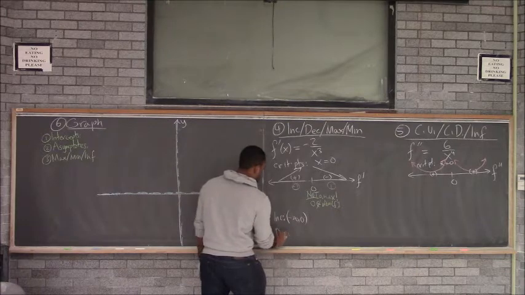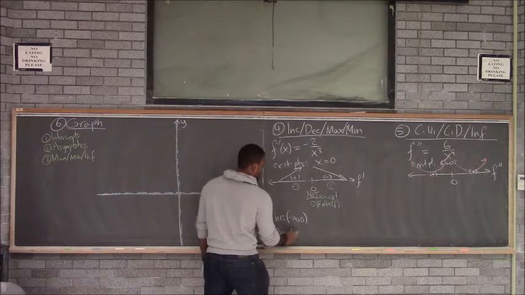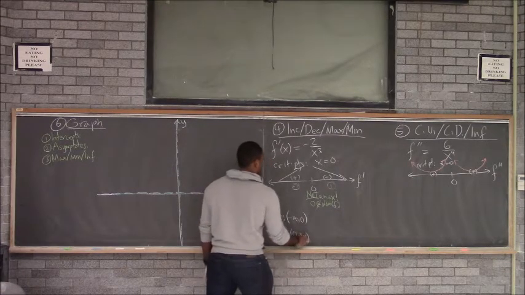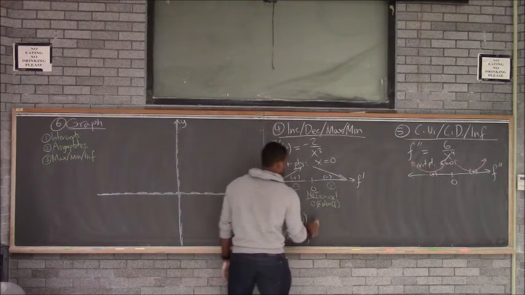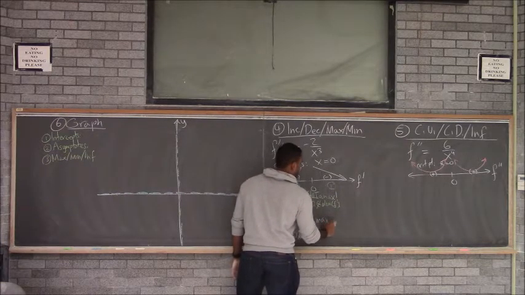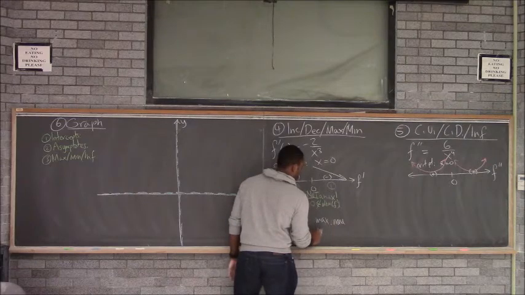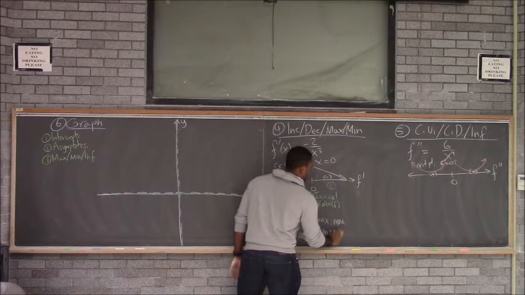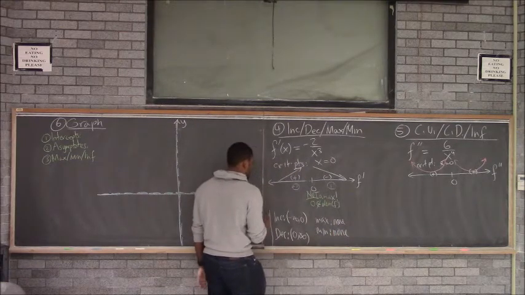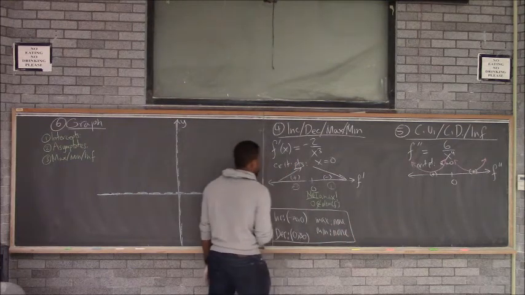Decreasing, we're decreasing from 0 to infinity. Just write that below. Max, we have none. Min, we have none. So I actually write that under this.